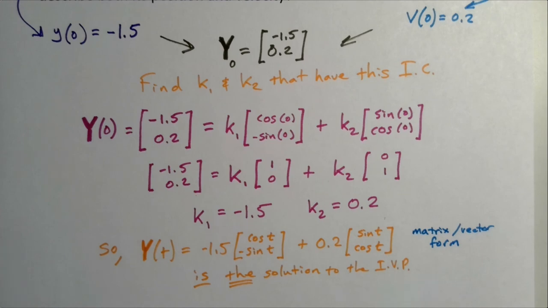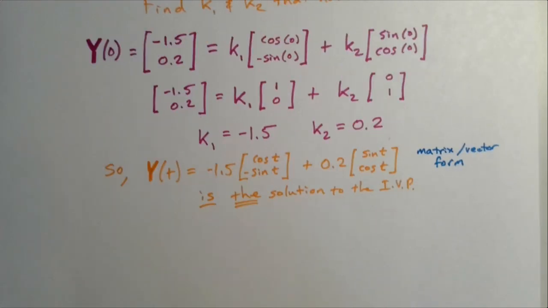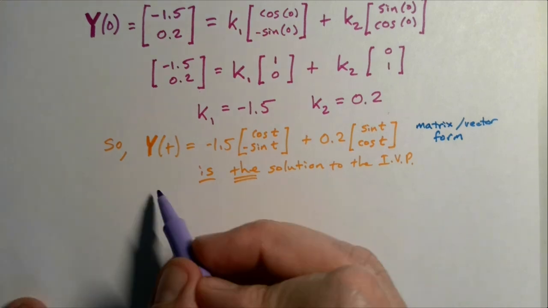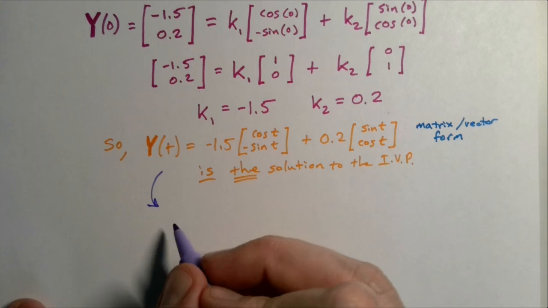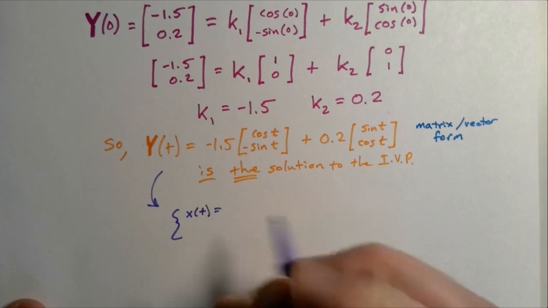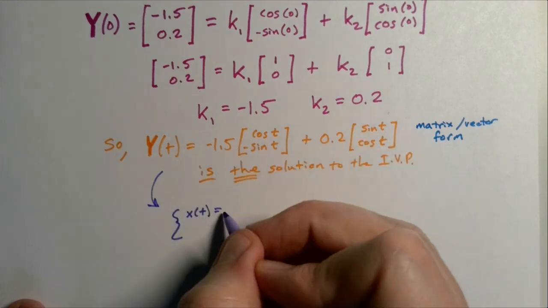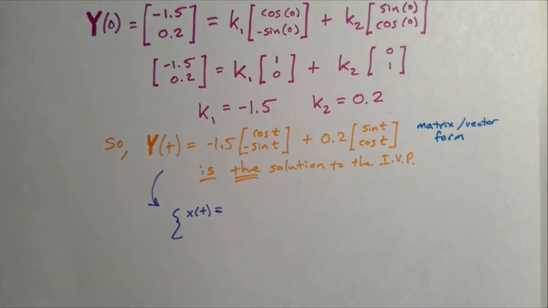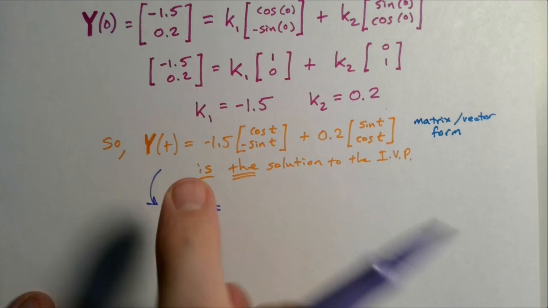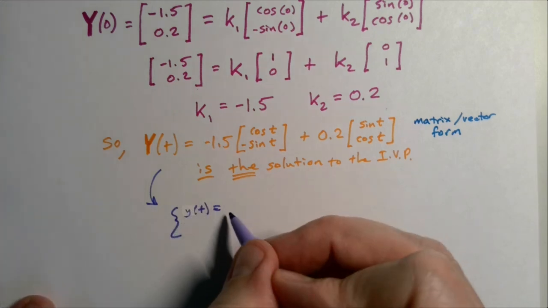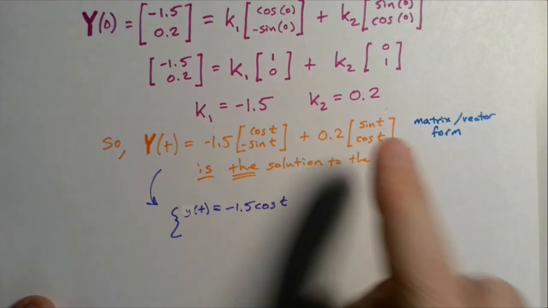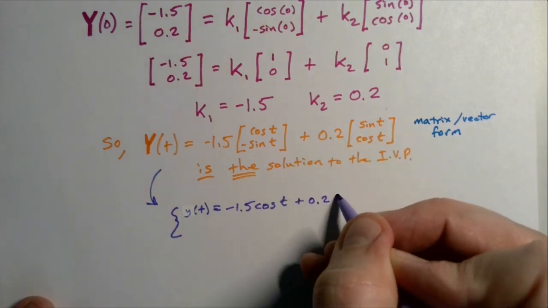And the good news is that we can just as easily write it in parametric form, right? If we wanted to, we could just as easily say that's equivalent to the system of equations. Sorry, y of t is negative 1.5 times cosine t plus 0.2 times sine t.